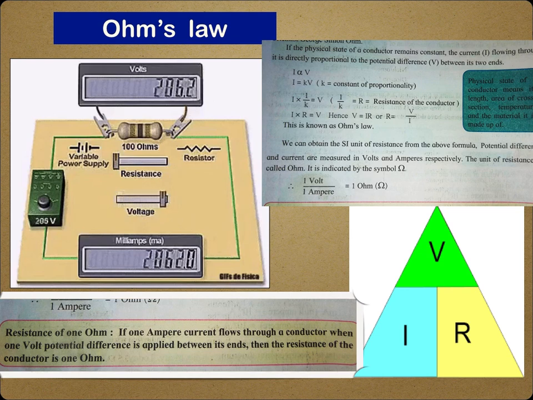Now next we shall see what is voltage. Now the force motivating or pushing the charge to flow in a circuit is called voltage. So what is voltage? It is nothing but the force that is applied to the current to flow from one end of the conductor to another end.